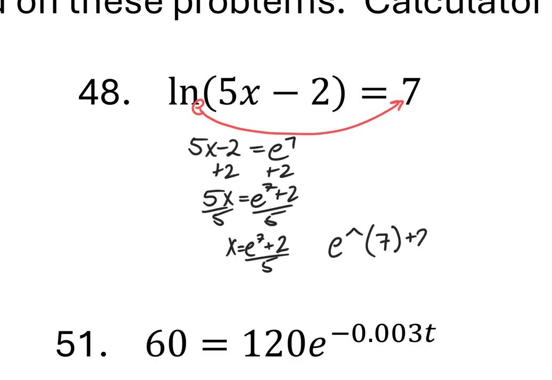Then you have to hit plus 2. Then you need to hit equal. If you wanted to do it as one big thing, you need parentheses around the whole numerator before you divide by the 5. You should get 219.73. And this is your approximate answer.